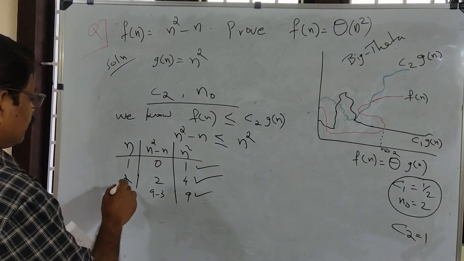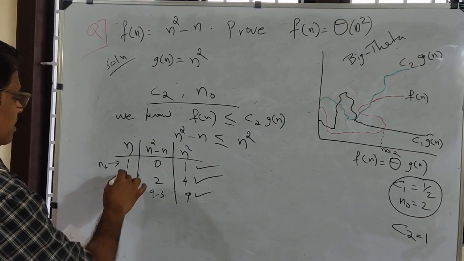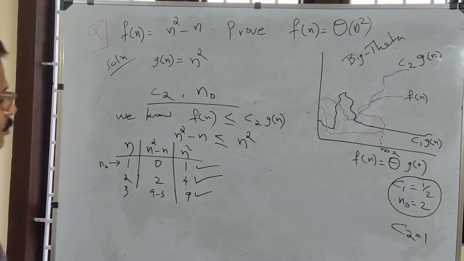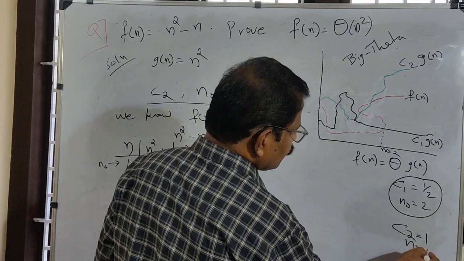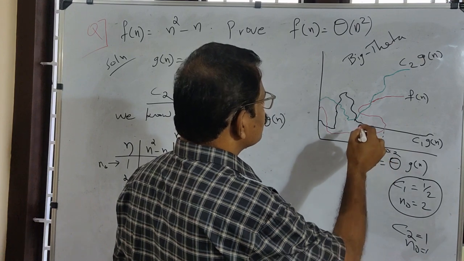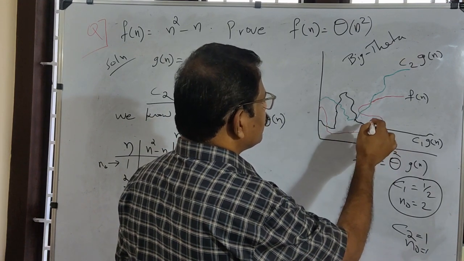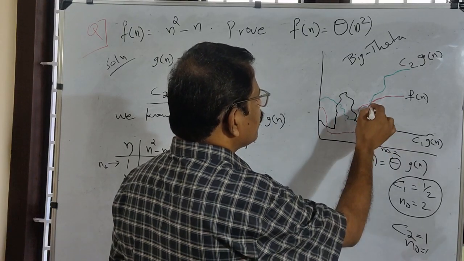So we can fix our n0 equal to 1. For all values greater than 1, this inequality is satisfied. So n0 can be 1. It touches this f of n in 2 points, one here and one here.